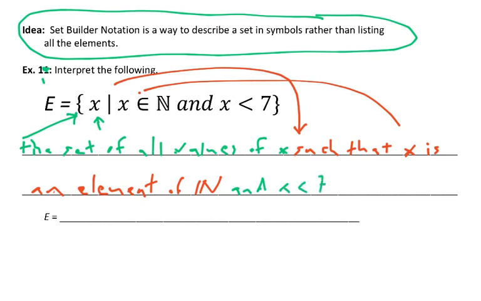So it's a fancy way of saying the set of natural numbers that are less than 7. Again, the set of all values of x, and that's represented by this part right here, such that means such that, x is an element of N, and x is less than 7. In other words, it's all the natural numbers less than 7. That's pretty easy to relate to. The natural numbers less than 7 would be 1, 2, 3, 4, 5, and 6. And that's what we're talking about.